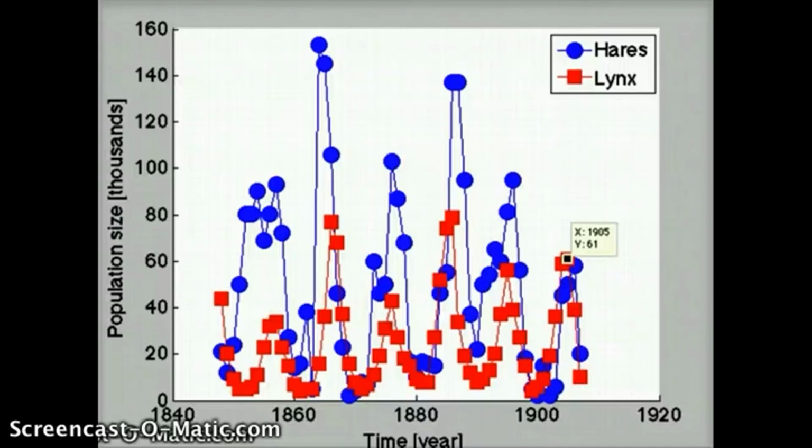It's a pattern that has the signature of a cycle, and this cycle in the numbers of each species is consistent in both the population of hares and the population of lynx.